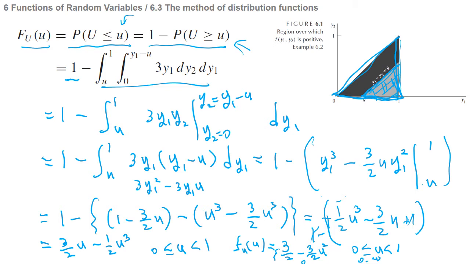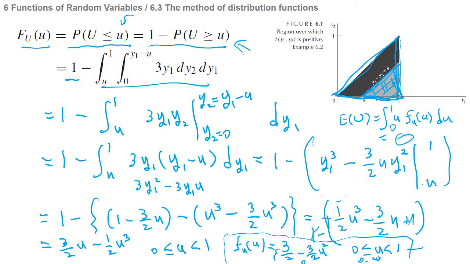Okay, so here is the density function of u, and to calculate the expected value of u, you can use this density function, integrating u times the density function of u du from 0 to 1, and you can calculate it by yourself, so finish it by yourself.